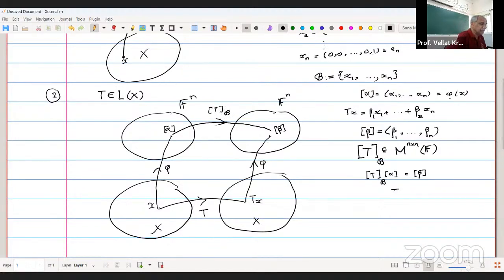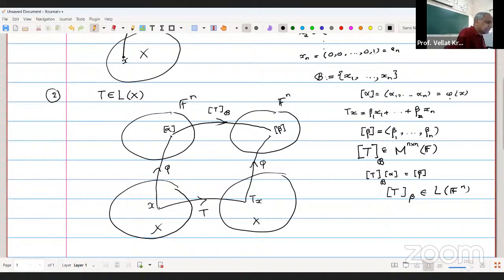So TB belongs to L of Fn, which is uniquely determined. Once you fix B, it is uniquely determined. And you know that all linear transformations on Fn form an n by n matrix.